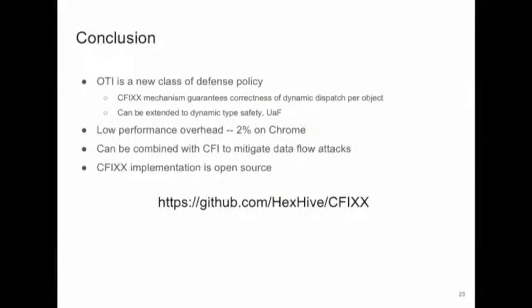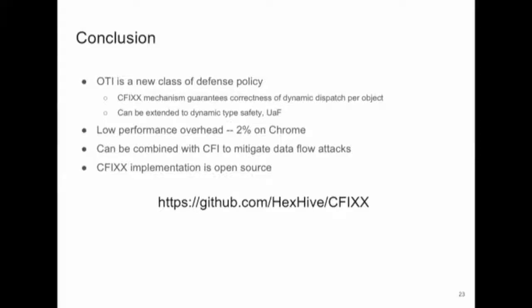So in conclusion, object type integrity is a new class of defense policy. We've shown how it can be used to protect virtual dispatch, but because we're tracking types of objects, it's clearly extensible to type safety issues. And because we're maintaining metadata per object, there are also some interesting applications to use-after-free protection.